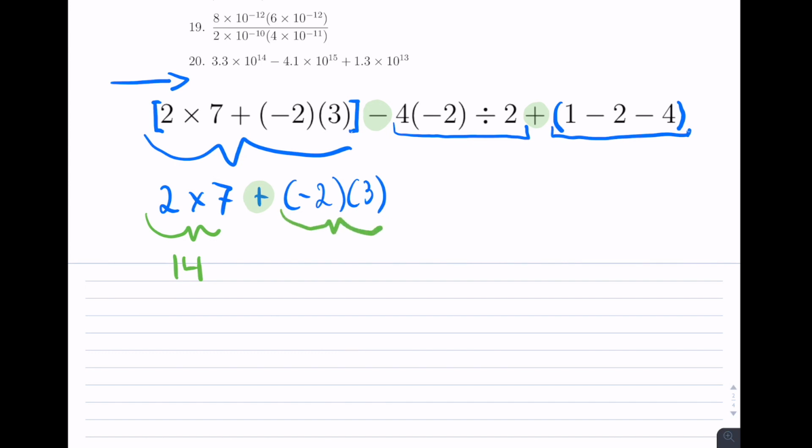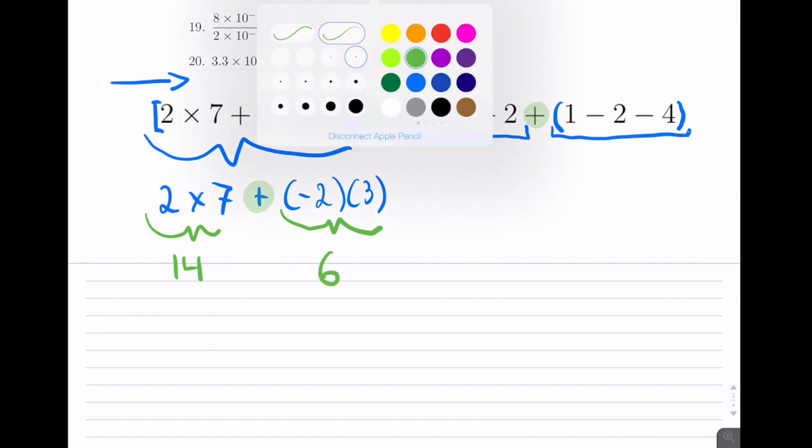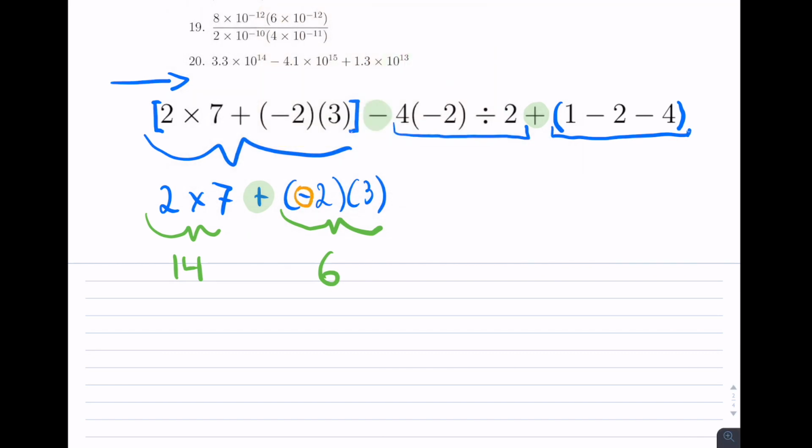You always have to do the term first. So we have 2 times 3, which is 6. And you have a negative and a positive, so that will be a subtraction. And now 14 minus 6 is 8. That completes the first term.